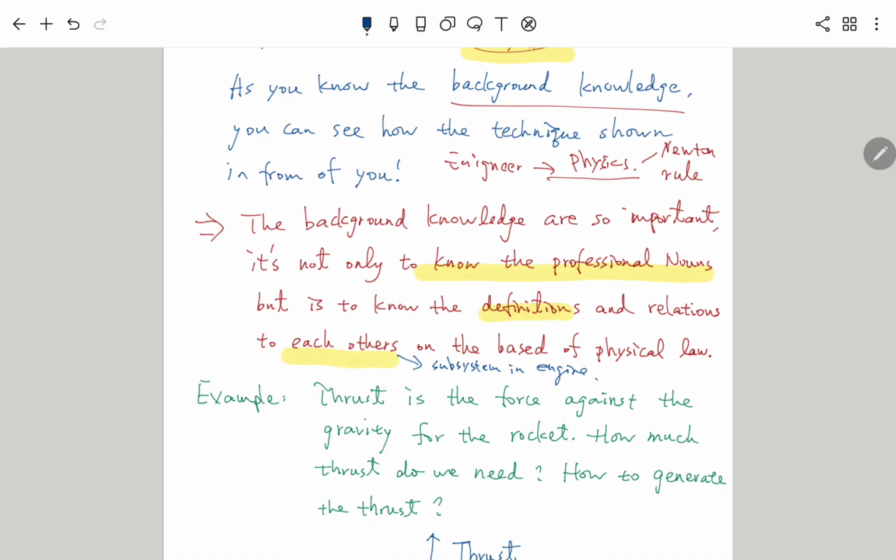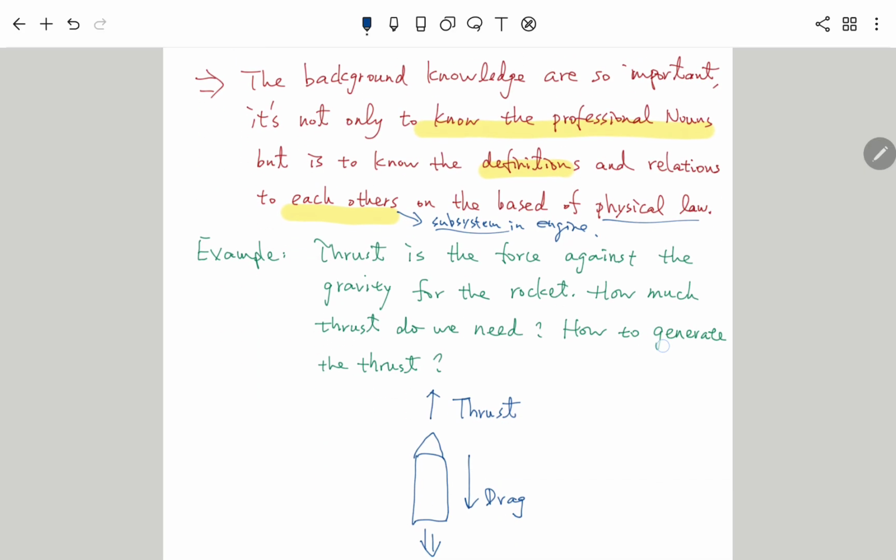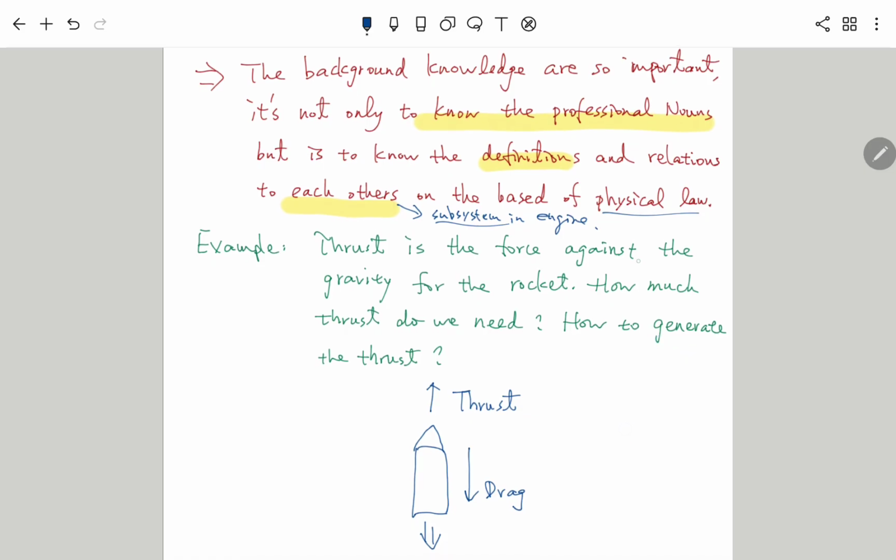Do you know the nozzle's shape will affect the thrust at the end of your performance? Well, this is called the subsystems. So it's all based on the physics law. Let me show you an example.